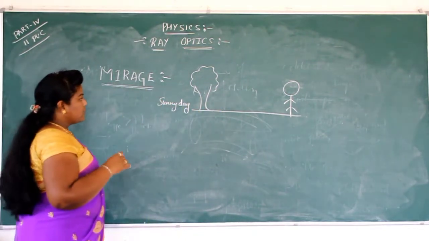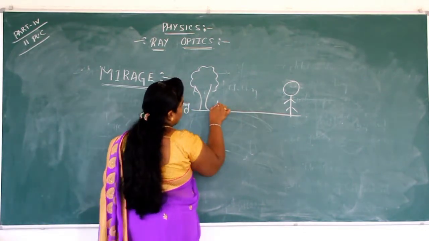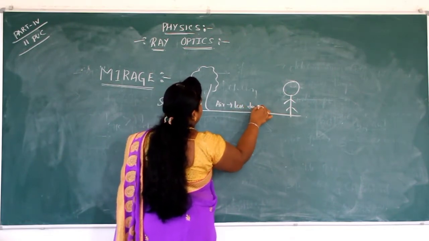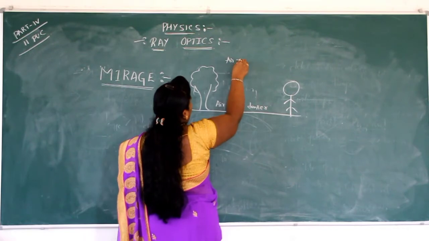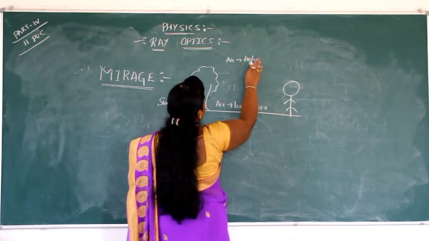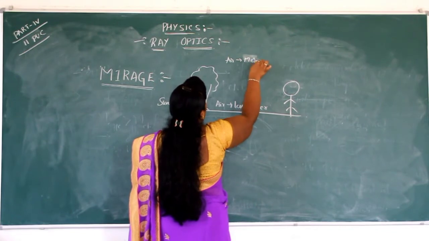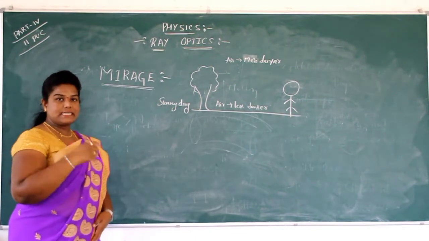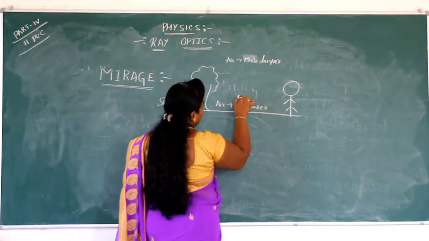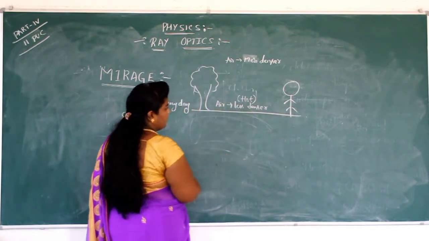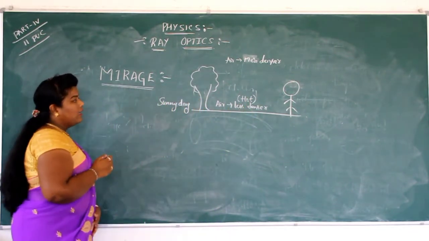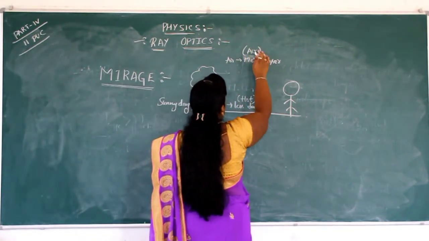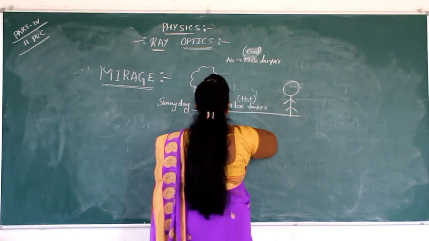So during a sunny day, during hot time, the air near the ground is less dense compared to the air above the ground. Why is the air near the ground less dense? Because the air near the surface, near the sand, is very hot compared to the air above, which is cool.